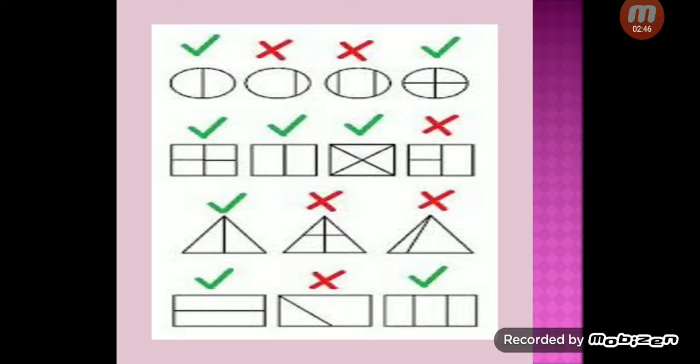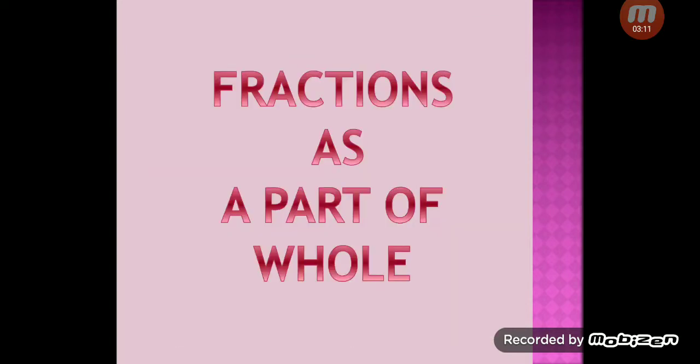The rectangle is divided into two equal parts. The second rectangle is divided into two unequal parts, and again the third triangle is divided into three equal parts. So we have to remember that we can write a fraction only for equal parts.